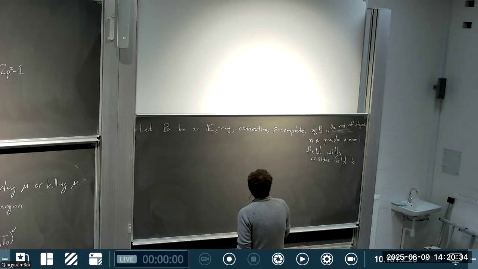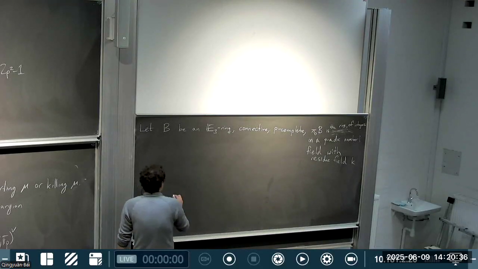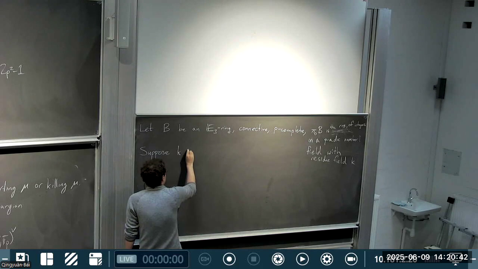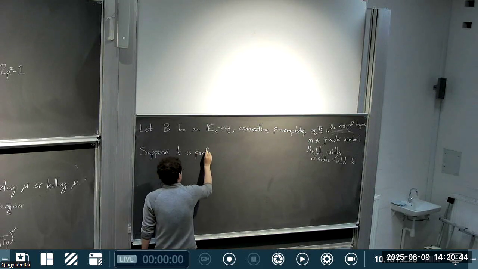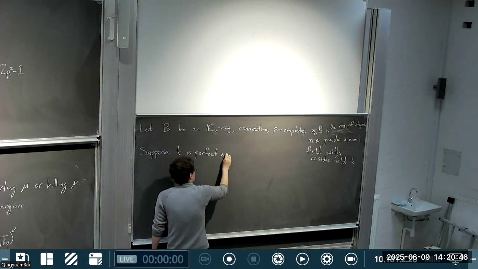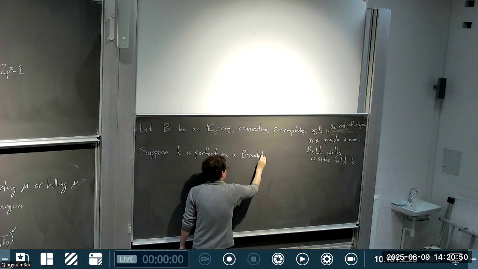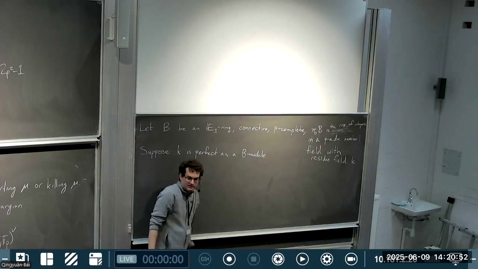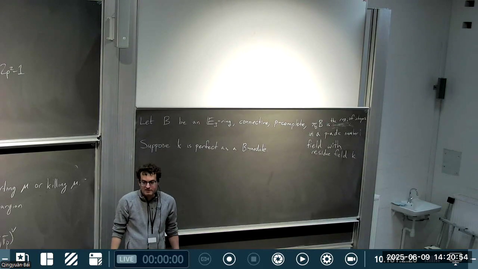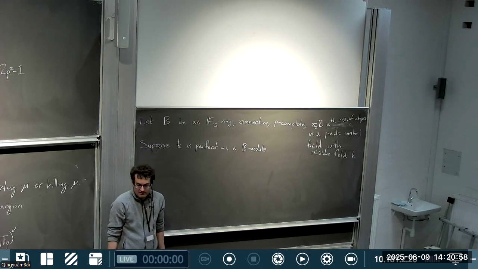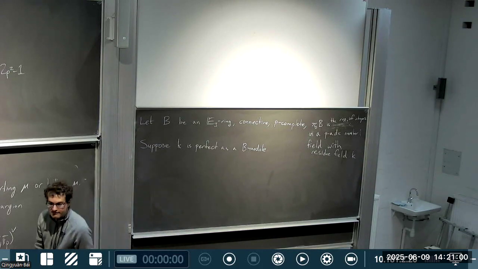And then I'm going to say the key condition is k perfect. So in the category of B-modules, I want this residue field to be in the thick subcategory generated by B itself.